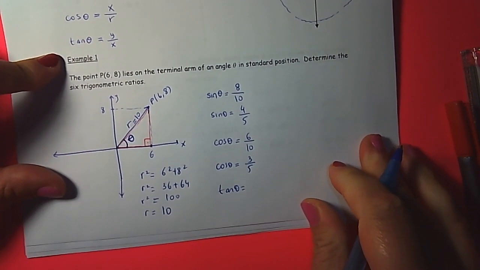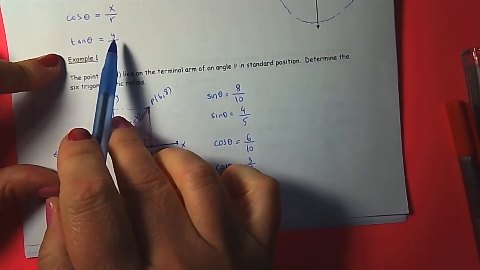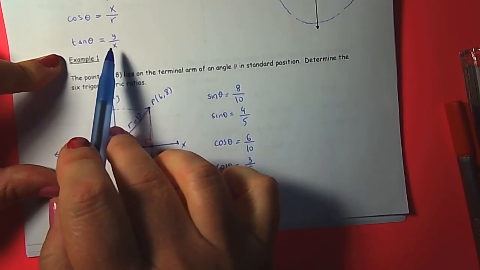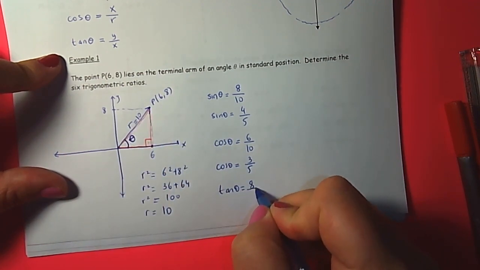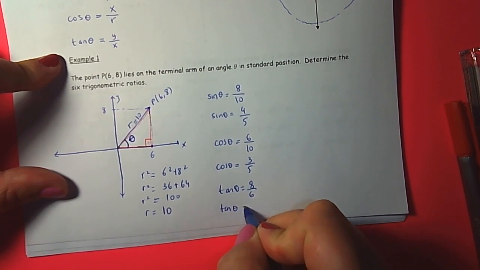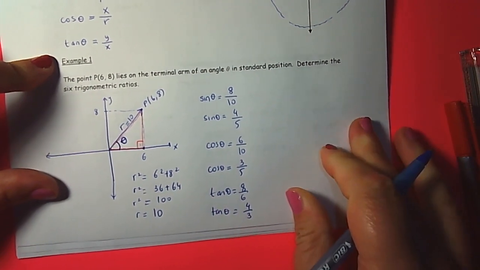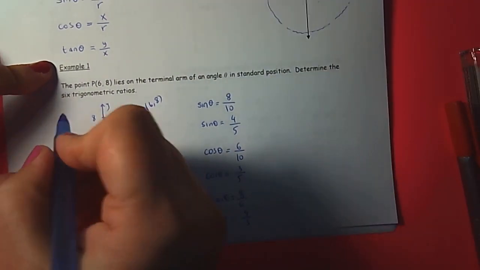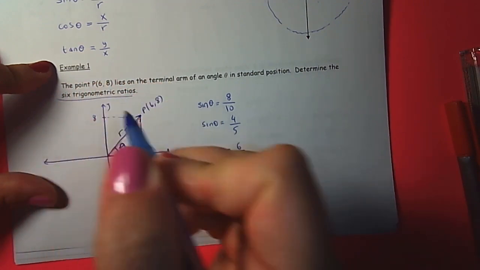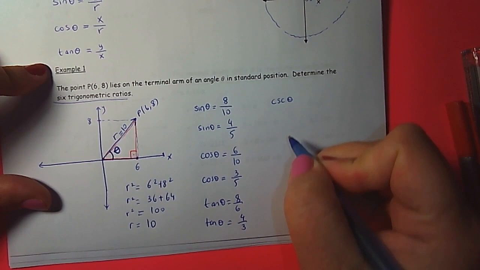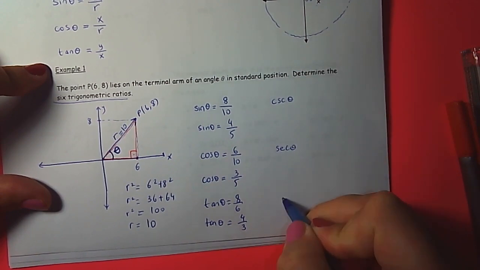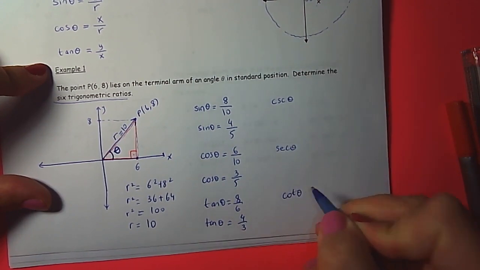So let's look at tangent theta. Tangent theta, we said, is y over x, y coordinate over x coordinate, 8 over 6. Simplify the fraction, we get 4 over 3. This question is asking all 6 trigonometric ratios. Therefore, we also need to get cosecant theta, secant theta, and cotangent theta.